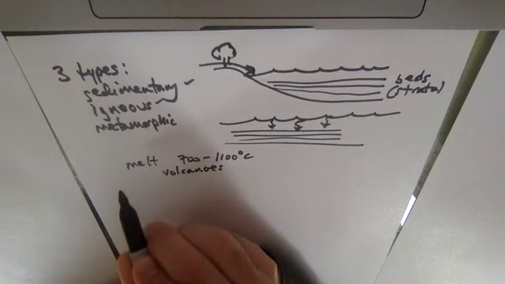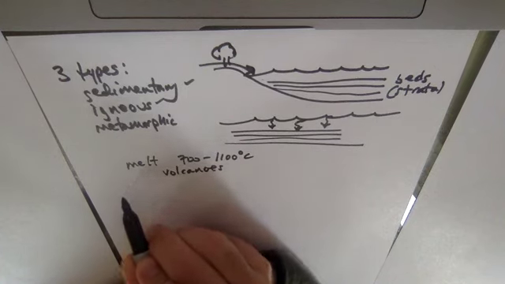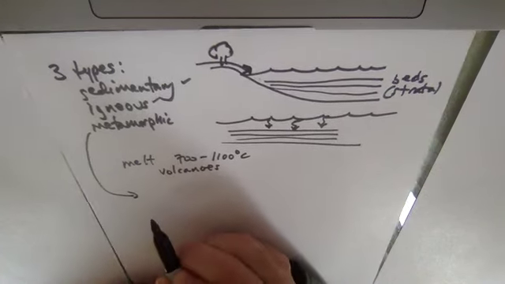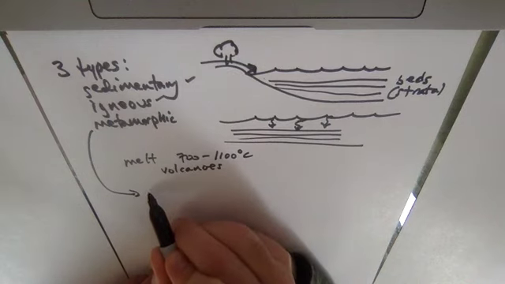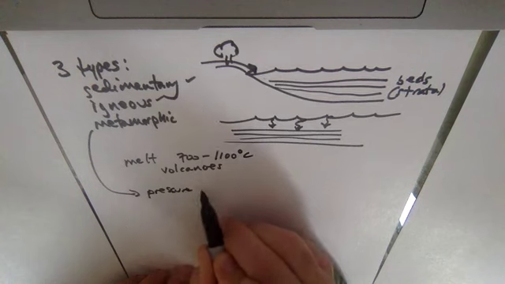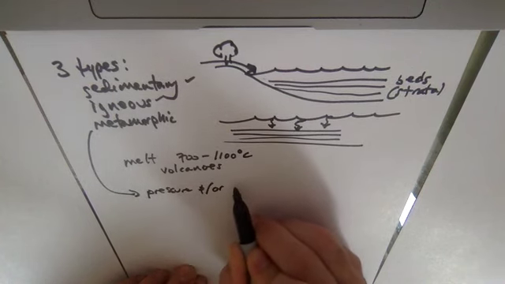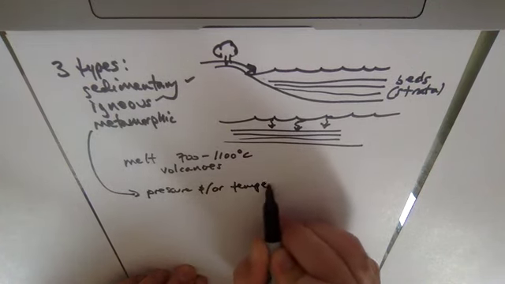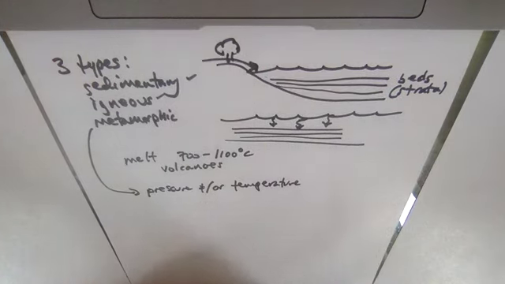And then finally, metamorphic rock. Metamorphic rocks are rocks that are altered by intense changes in pressure and/or temperature. So they get squeezed and they get heated generally, but not so much that they melt.